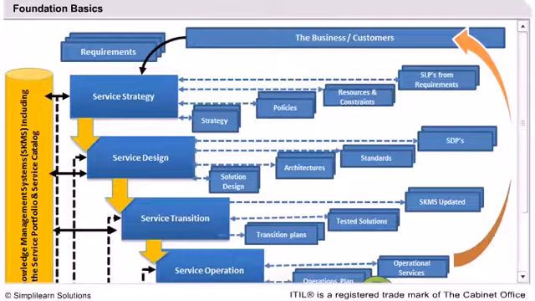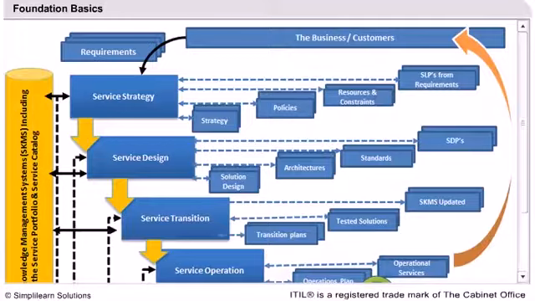Once the customer's sign-off on the blueprint is taken, the transition team brings the blueprint to reality. During this time, the team prepares transition plans, tested solutions, and updated SKMS, sent to the customer or business for sign-off.